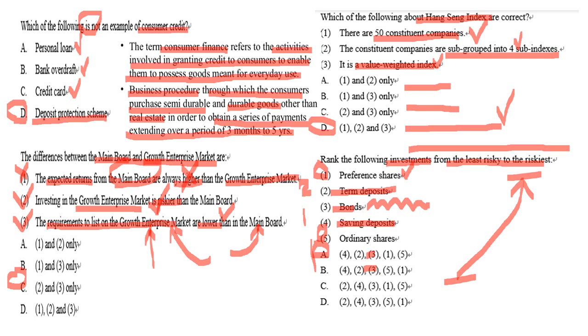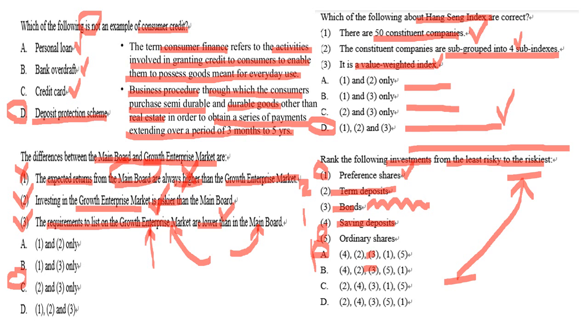If the companies listed in the growth enterprise market become successful later on, the share price will rise several times than the original share price. So sometimes the return is very great, but the risk of loss will be great as well. So this number one is wrong.